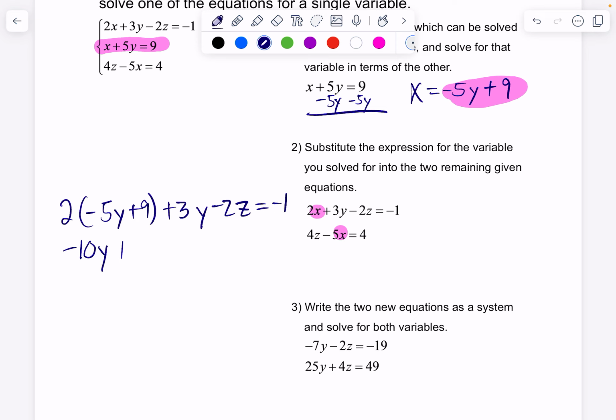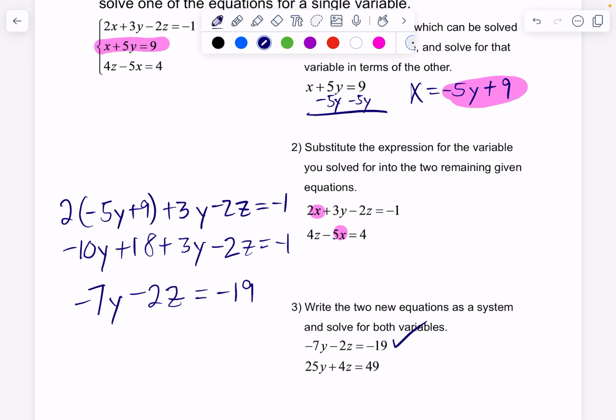Distribute. Add like terms. So we've got negative 7y, minus 2z, subtract the 18, equals negative 19. Bingo.